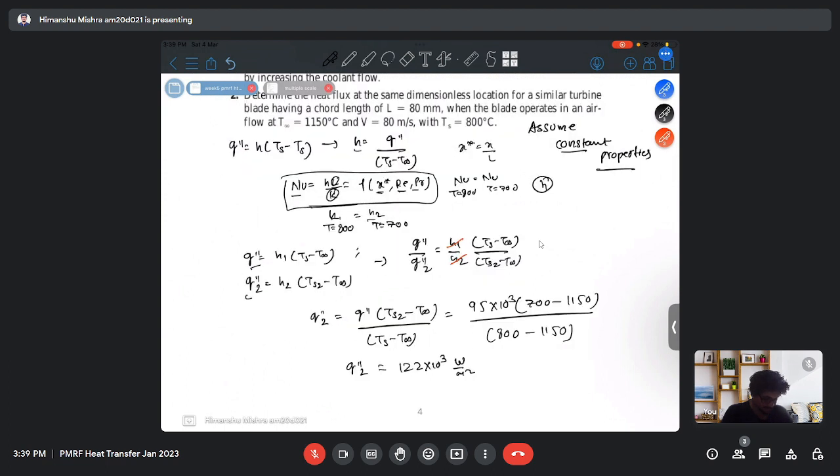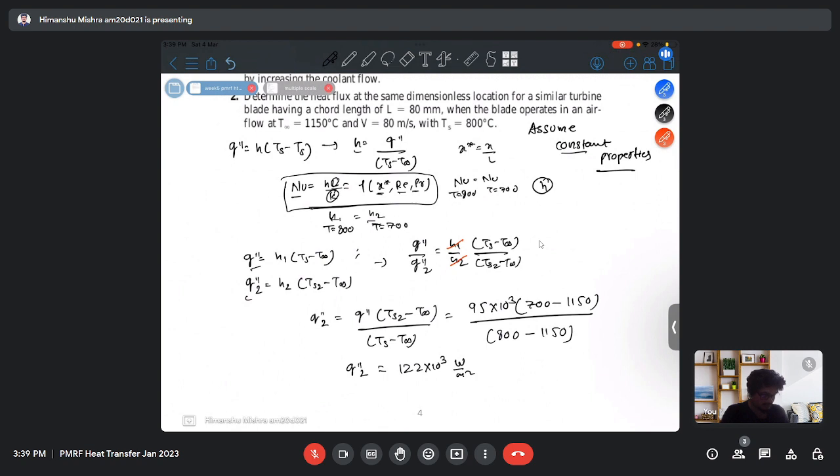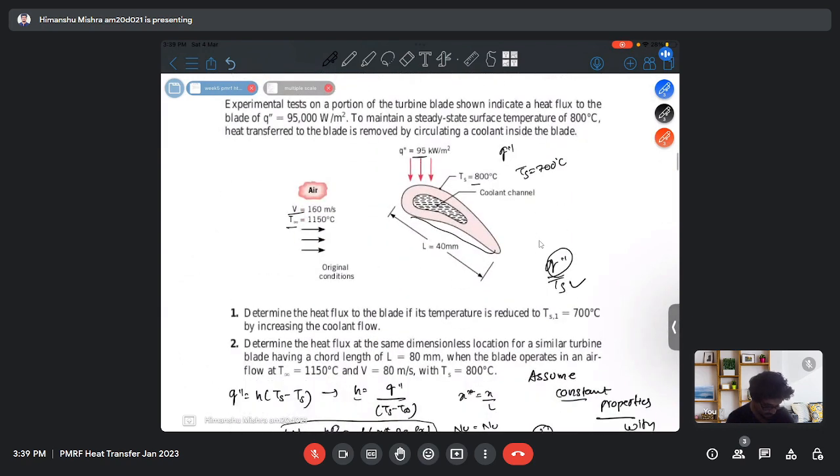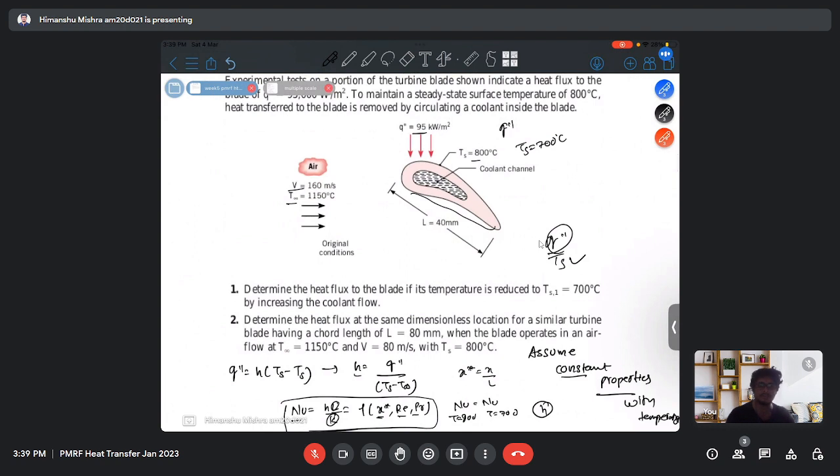So we can make this assumption that the properties are not changing with temperature here. Otherwise it is not wrong to say that the thermal conductivity, density, and the viscosity, even the heat transfer coefficient can change with the temperature. Because we don't have any data about the thermal conductivity in this question, we can assume it as a constant.